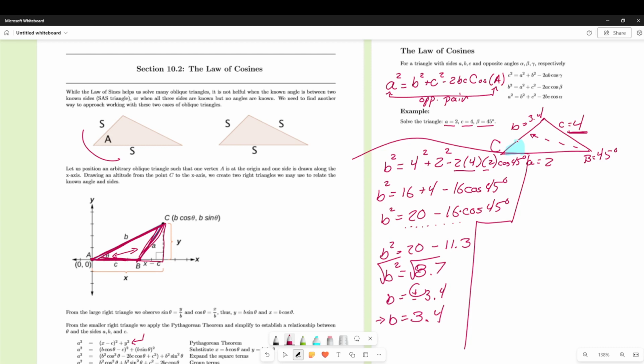So while I don't know whether this angle C is acute or obtuse, the angle opposite the 2 has to be acute, because it's opposite the smallest of the sides.